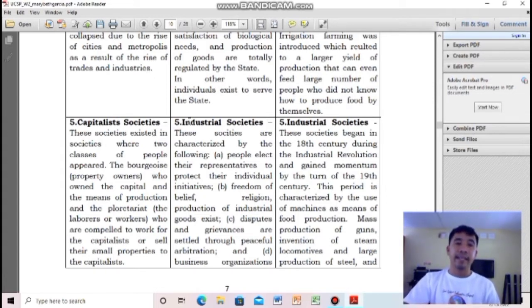Okay, next, industrial societies. These societies are characterized by the following. People elect their representatives to protect their individual initiatives. May freedom of belief, religion, production, or industrial goods exist. Disputes and grievances are settled through peaceful arbitration and business organization.